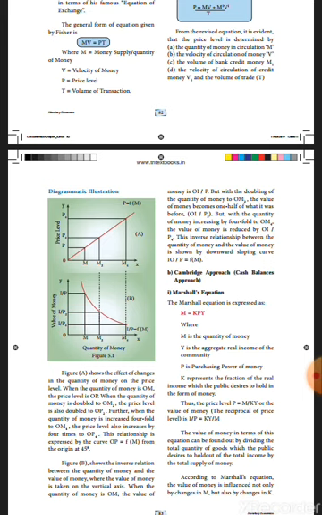In part A of the diagram, one more time I will explain. Quantity of money OM, price level OP.